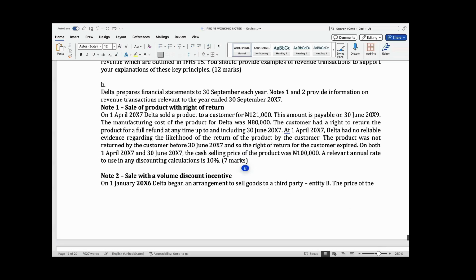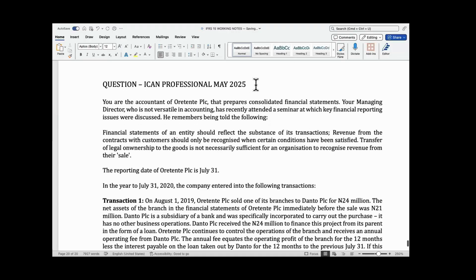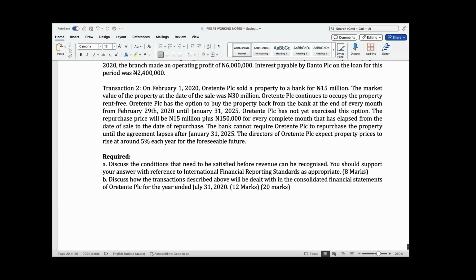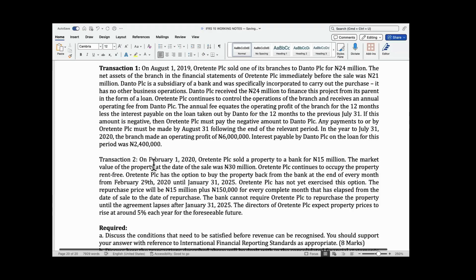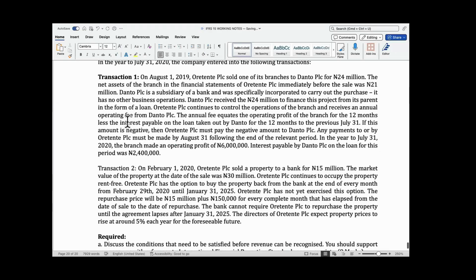Solve this one as an assignment, and you better do it. And this last direct question, solve it as an assignment.